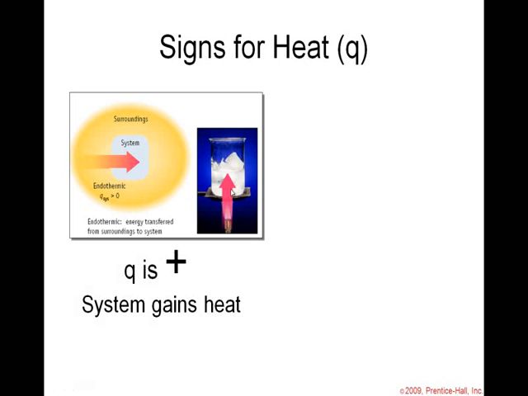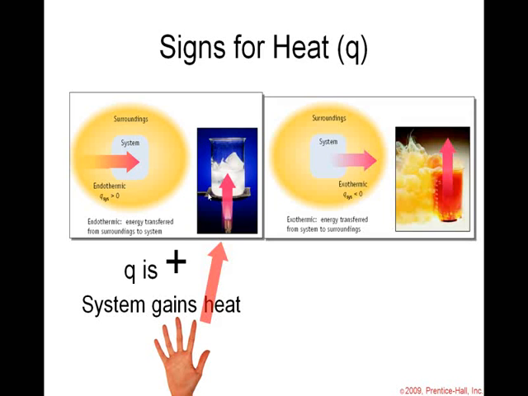But because I'm putting energy into it here with the Bunsen burner, the Q, or the heat, is gained. It's positive. The system gains heat, and I feel that as coldness. Okay? As opposed to the system losing heat to the surroundings, and I can see this beaker that I could tell is hot, right? And the Q is minus.